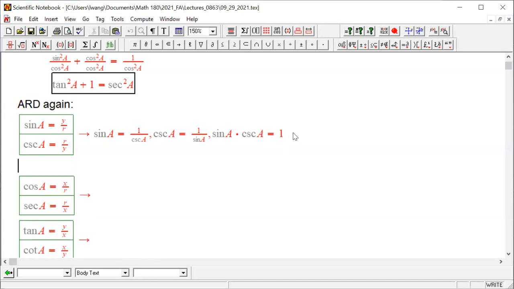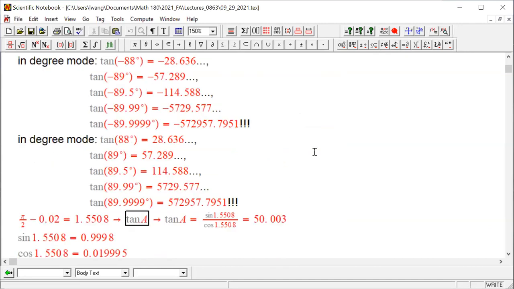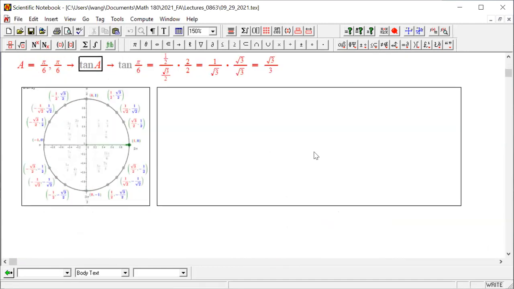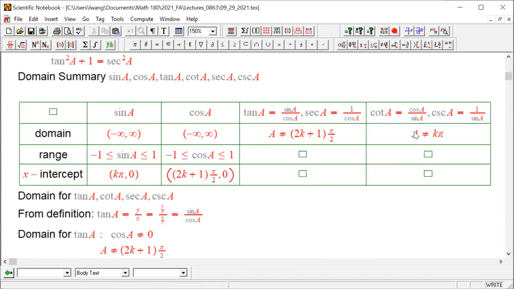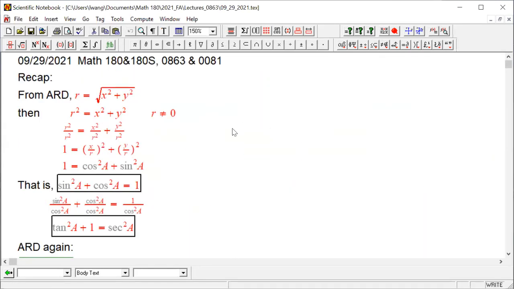Yesterday we did the domain and range summary, didn't we? We talked about cosecant. Let me bring this up and look at the domain.